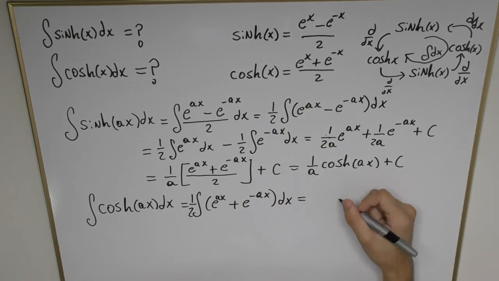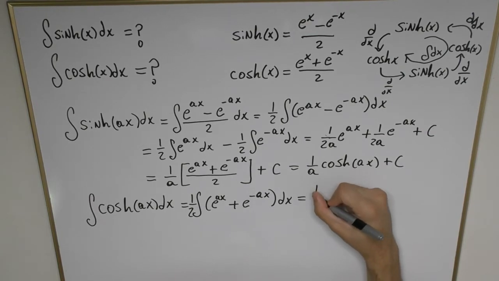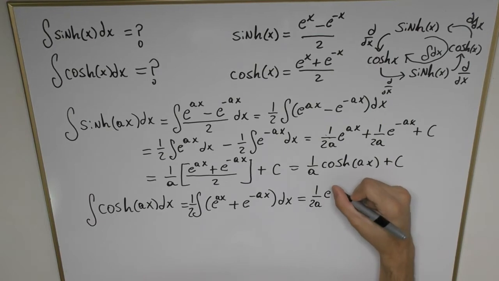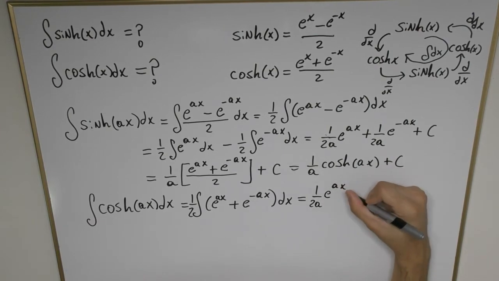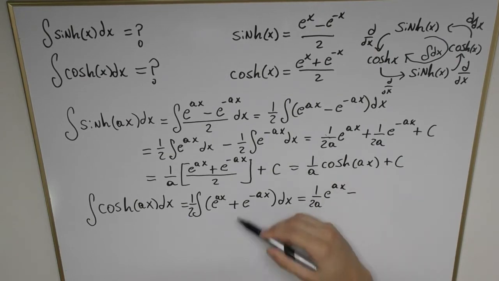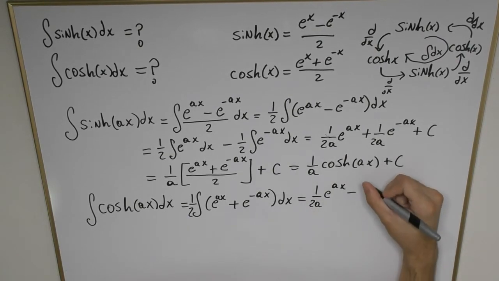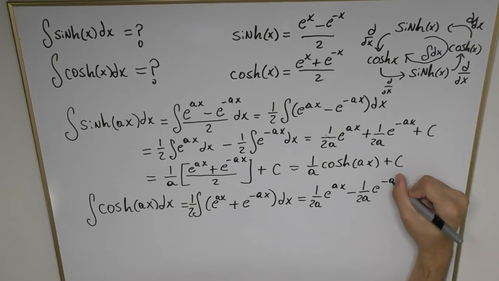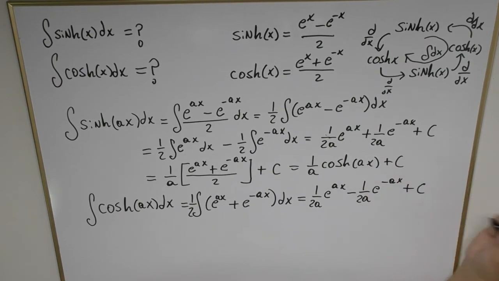And now we're going to integrate each of them individually. So the first one, as before, is going to give us 1 over 2a times e to the ax. And then for the next one, we have a minus a that's going to come to the front. That's going to make that negative. So that's minus 1 over 2a e to the minus ax plus the constant c.